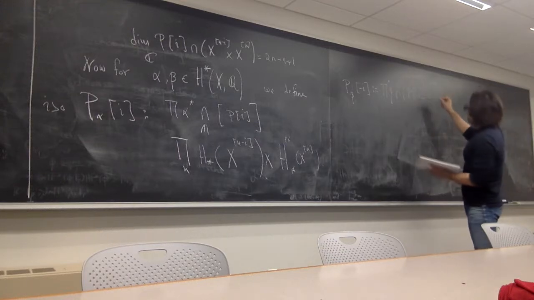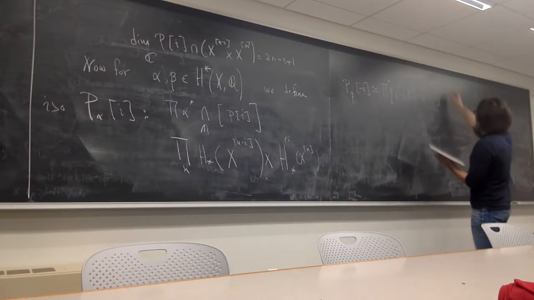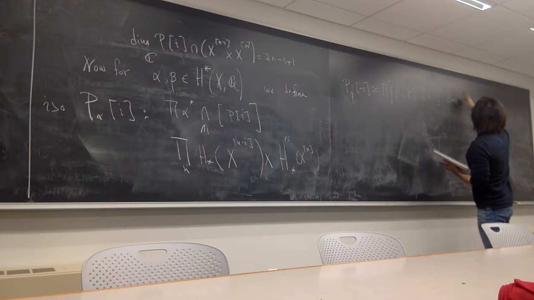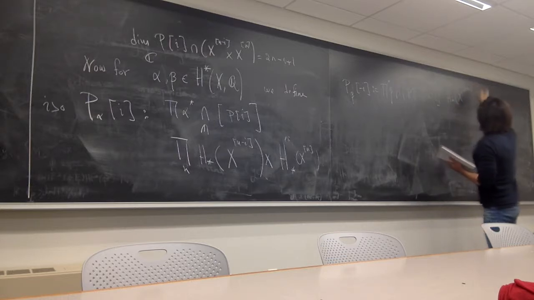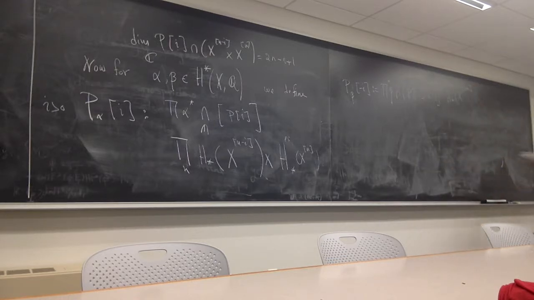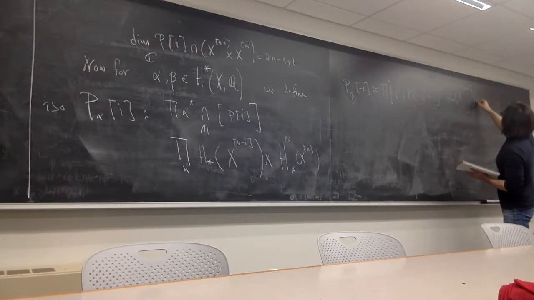Since I assume my I is positive, now minus I would be n plus I. So we find homology.